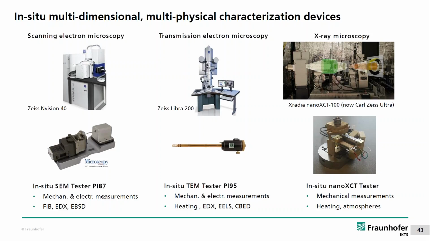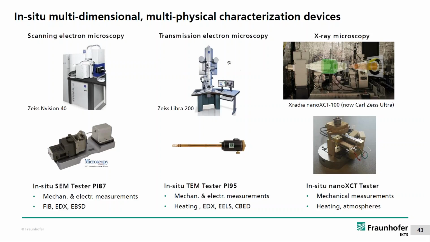You have mechanical and electrical testing possibilities with the tool, and you have focused ion beam, so you can produce small experimental geometries, EDX for chemical composition determination, or EBSD for crystallographic determination. So you can really have multi-physical characterization with the combination of these tools.